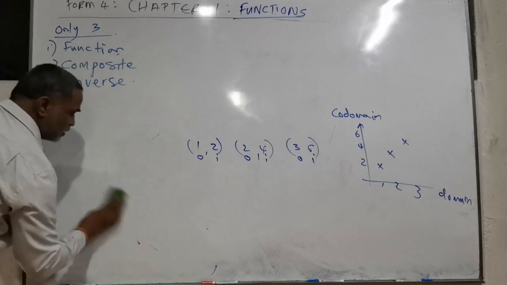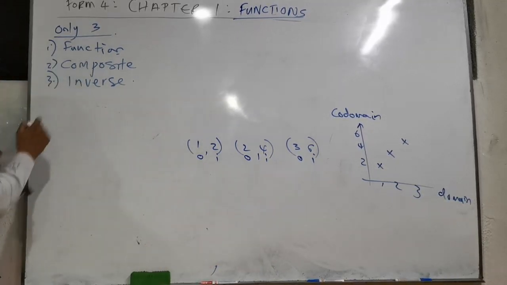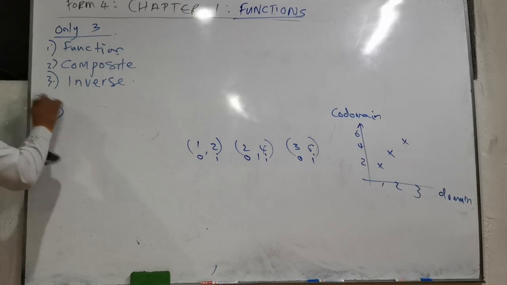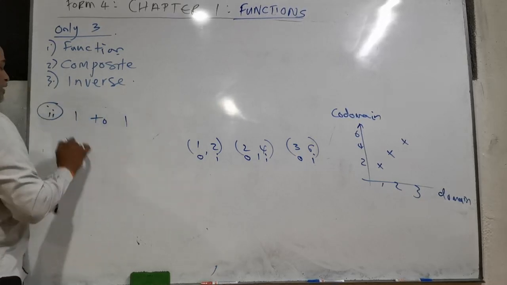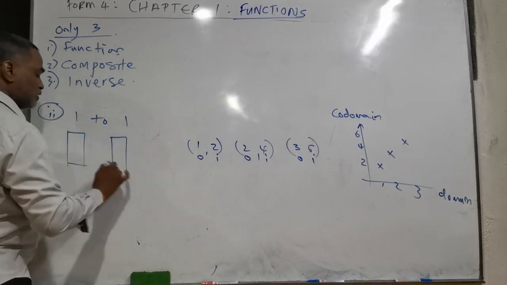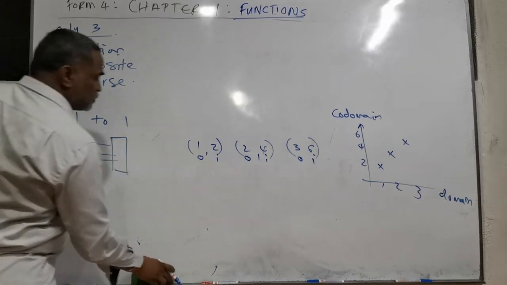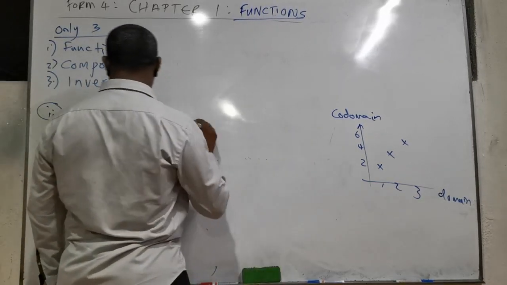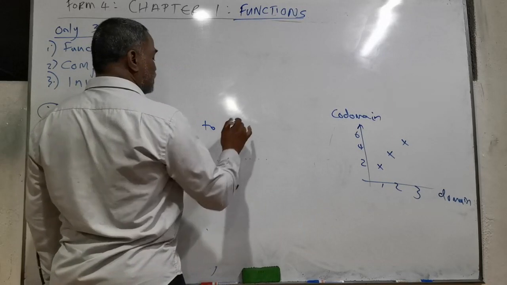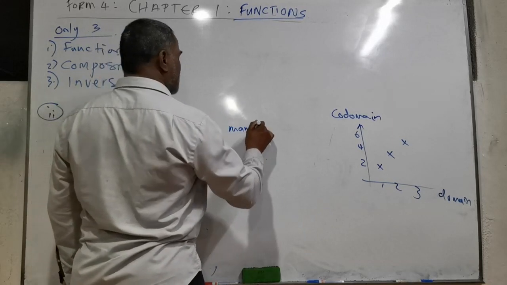Second, you must know the types of relation. The first type of relation is 1 to 1. For example, 1 goes to 1. The second one, we have 4 types of relation. 1 to many means 1 goes to many.